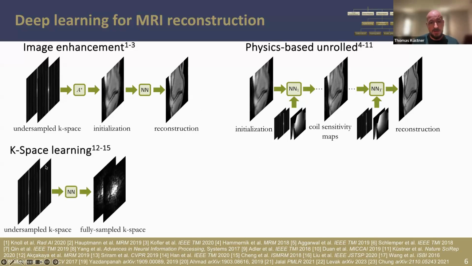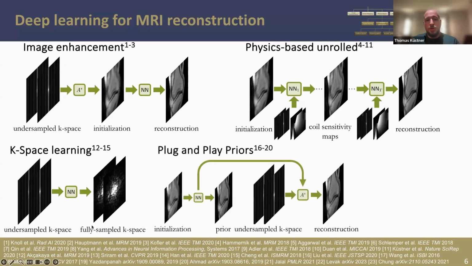So you're going from the undersampled k-space to a fully sampled k-space data, again similar to a GRAPPA reconstruction where you now learn these GRAPPA kernels. You can also perform this in a plug-and-play prior fashion or a deep image prior fashion, where you offload the learning phase of your regularizer. This can be specific to a certain task or just to modeling the certain noise distribution that you're expecting.